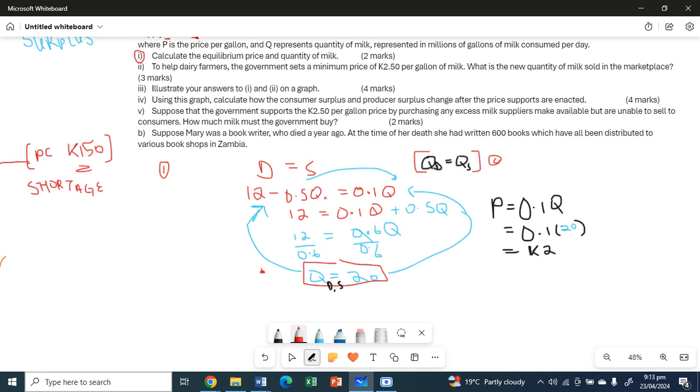So there's no need to put them when you're trying to solve for Q. You just leave Q as a plain Q, but whatever value of Q you get is going to represent QD and QS. Is that okay, sir?